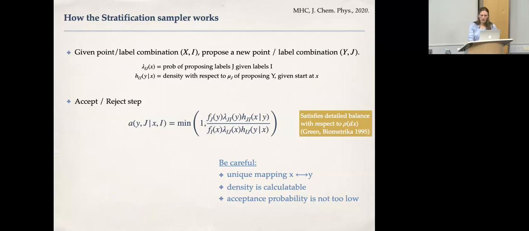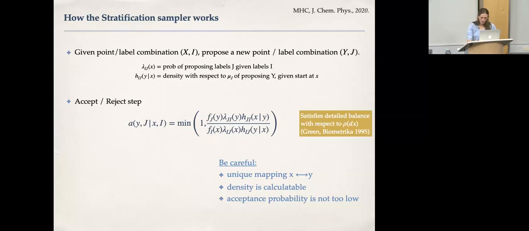We need to make sure we can calculate the densities involved in the Metropolis ratio, and that those calculations are not too expensive, otherwise this will slow us down. And we need to make sure that our overall acceptance probability is not too low, because then we waste a lot of time proposing moves, and that slows us down as well.